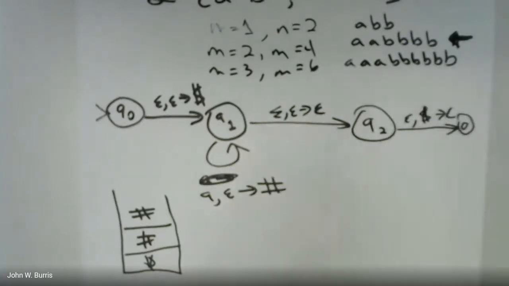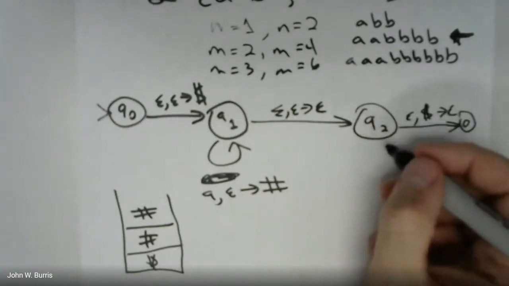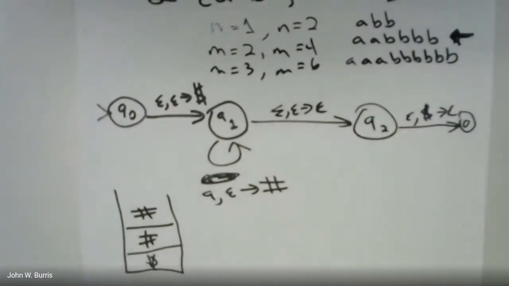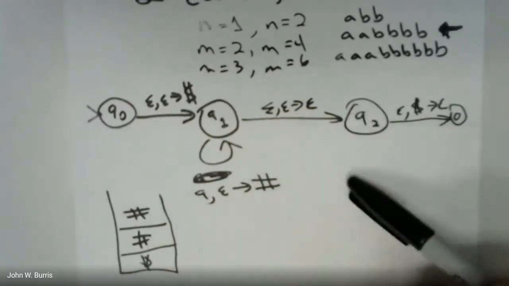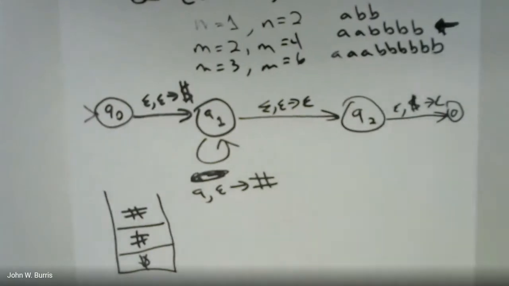But we have to figure out how to count this. The problem is I can't just do a loop that reads in a B and pops off a hash, because there's not enough of them. We need to do 2 of them.